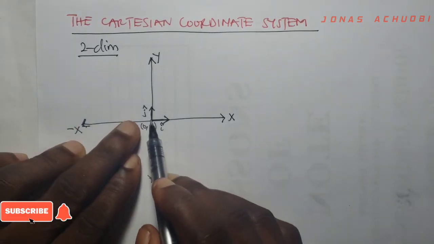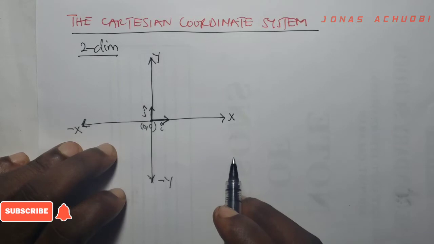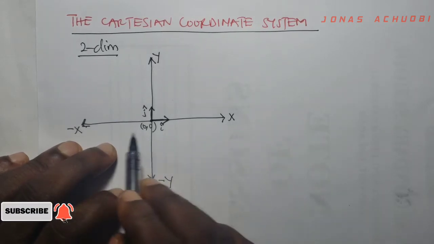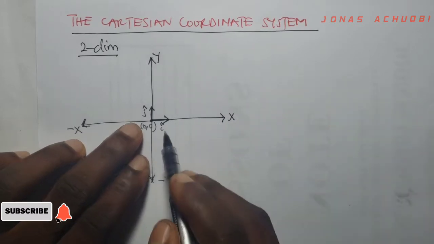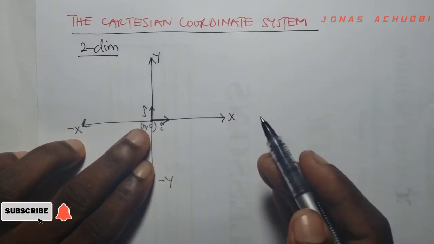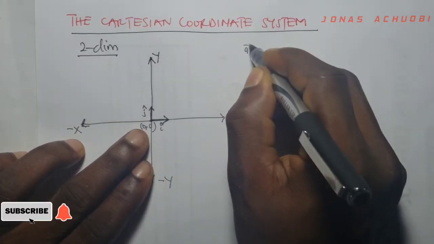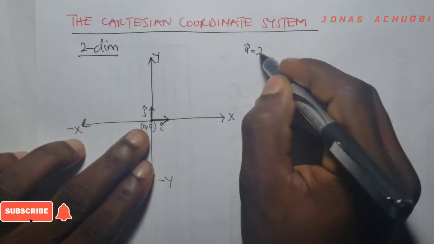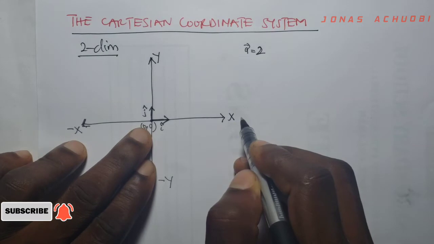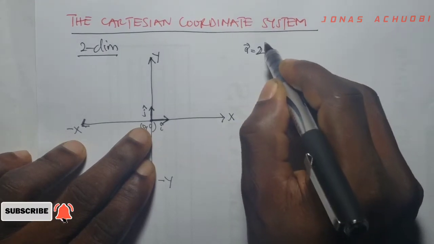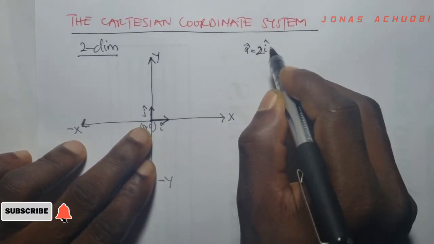Now what does this unit vector do for us? On the x-axis, for example, we can represent any vector on this x-axis as some multiple of the unit vector. So for example, if we have a vector a with length 2, and this vector lies on the x-axis, we can write a equal to 2i, so 2 times the unit vector i.